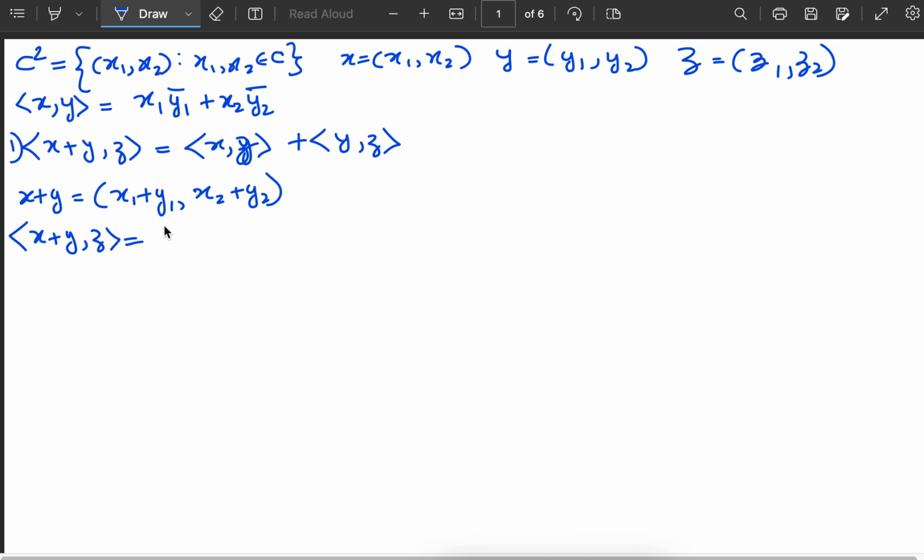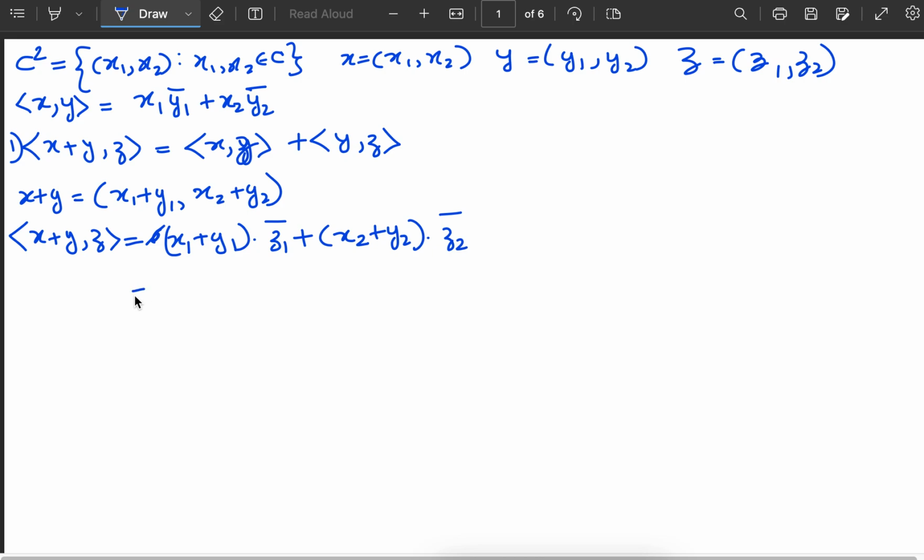So it will be equal to x1 plus y1, that is the first, into z1 conjugate plus x2 plus y2 into z2 conjugate.